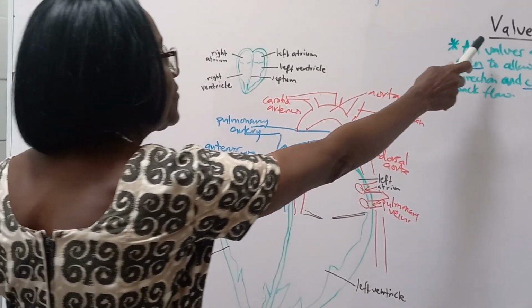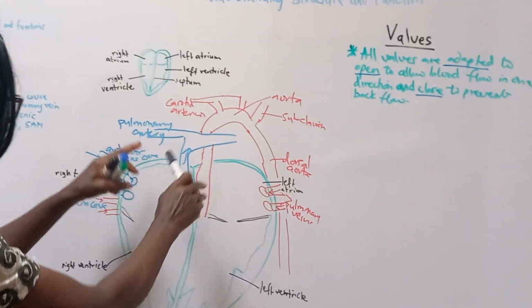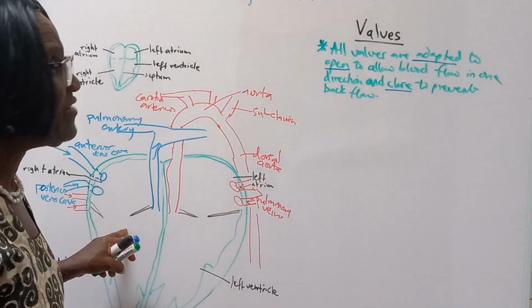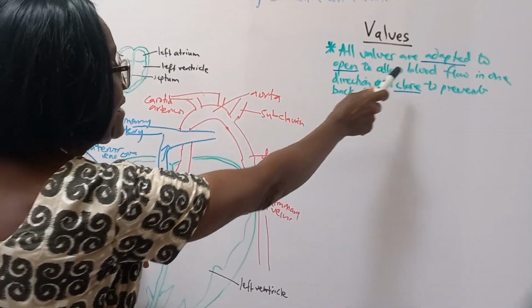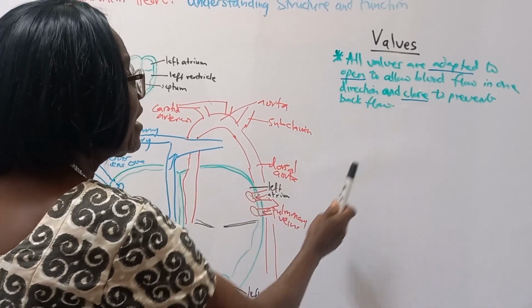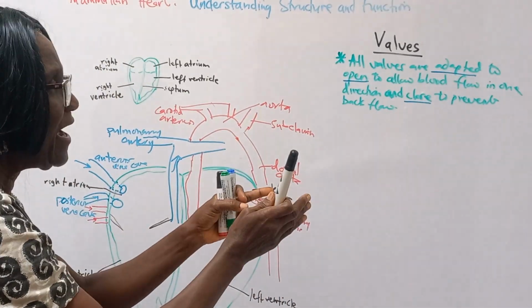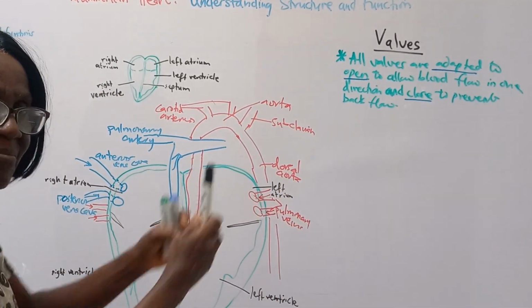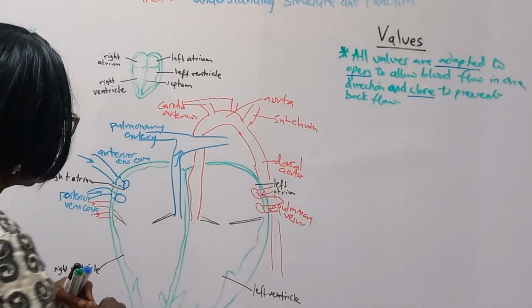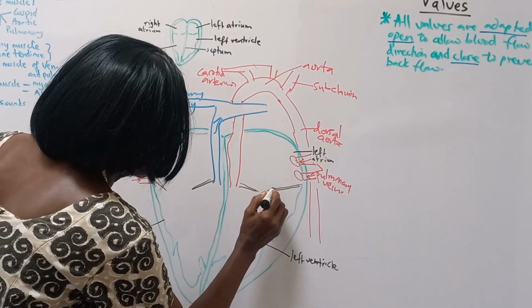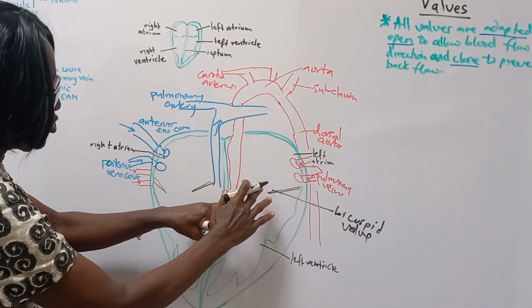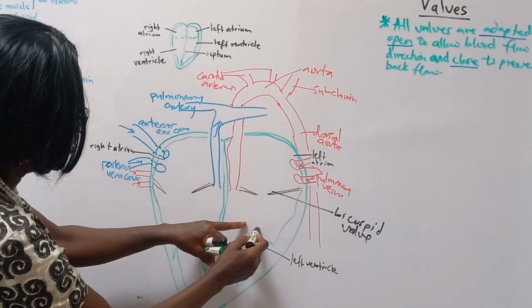Well, now valves. Now all the valves of the heart, with the blood vessels as well, are adapted to open to allow blood to flow in one direction and close to prevent a backflow. So you have the bicuspid valve here between the left atrium and the left ventricle.